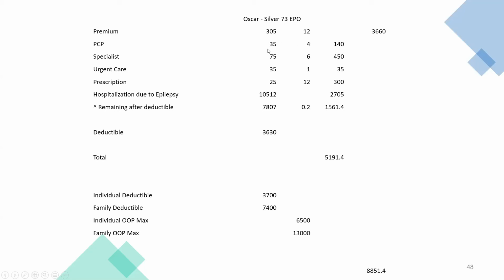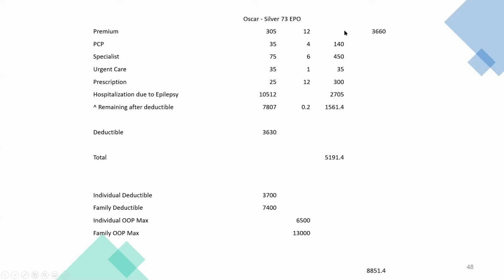Again, we can see them as many times as we want for specialists and primary care with their copays. Okay, again, same numbers here. Urgent care, $35. You can go as many times as you want, no asterisks. Prescription, same as before. I think these were a little off as well, but anyways, hospitalization occurs.